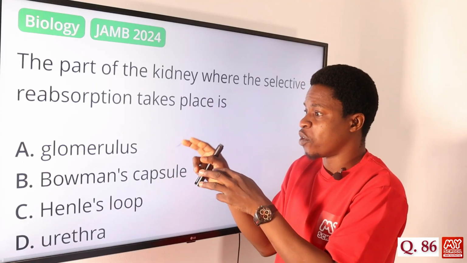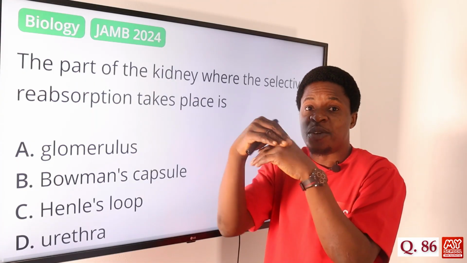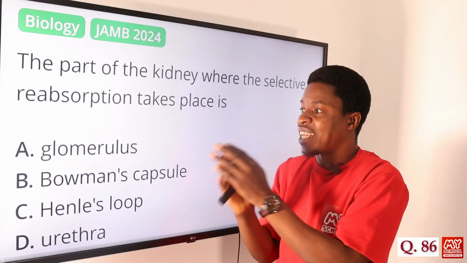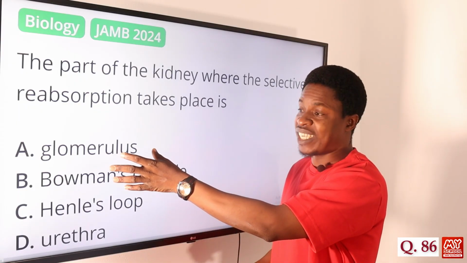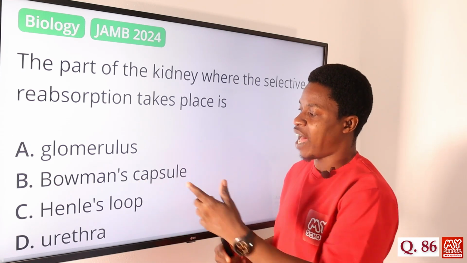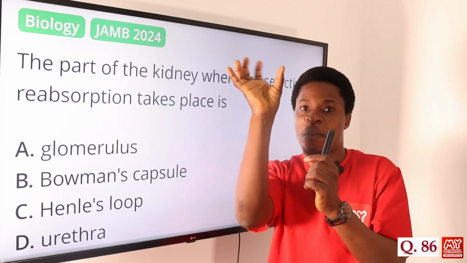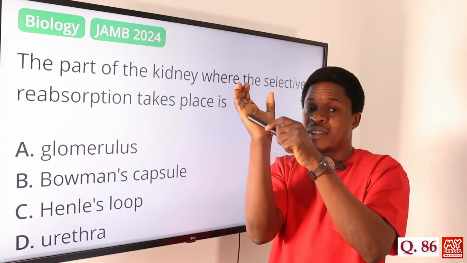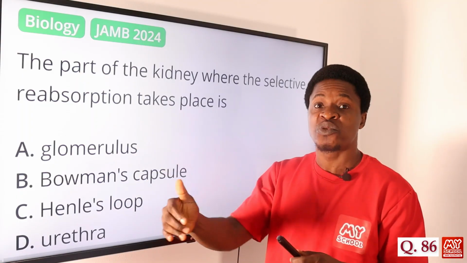You have so many of those clusters of capillaries that are wound together that way. That's how you can identify the glomerulus. It is found in the kidney, and then the Bowman's capsule actually looks like a cup, something like a U-shaped cup-like shape in the kidney. So both of them actually help in filtering the blood.